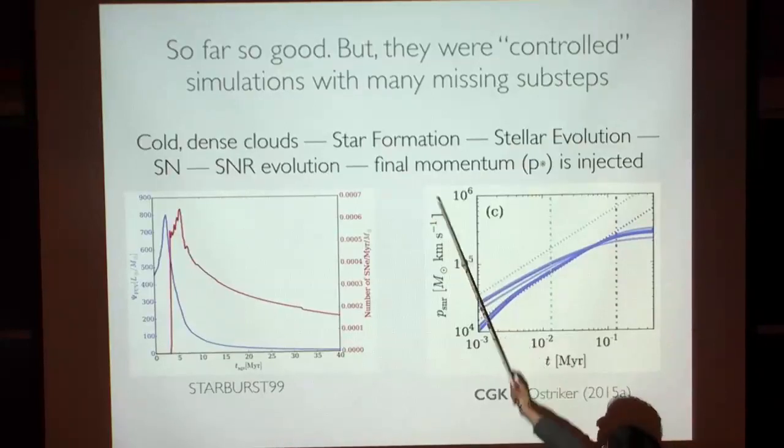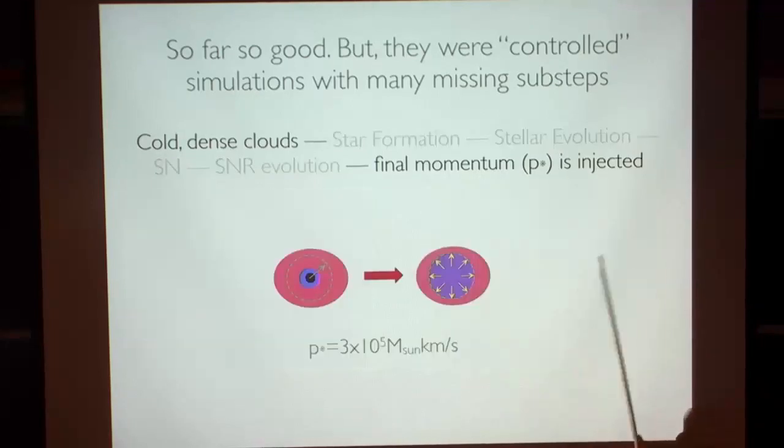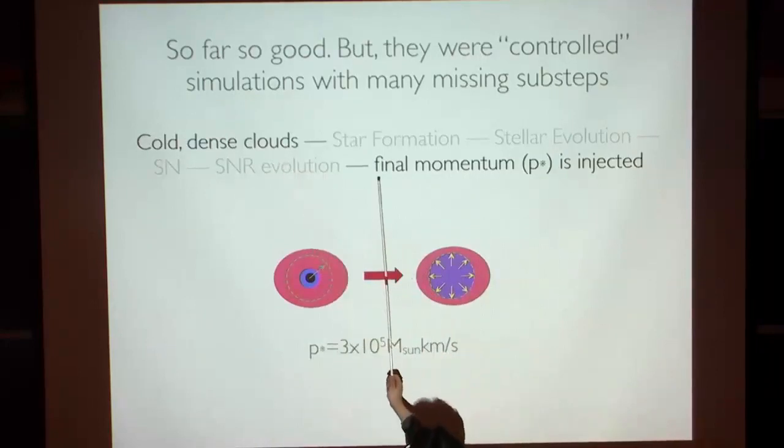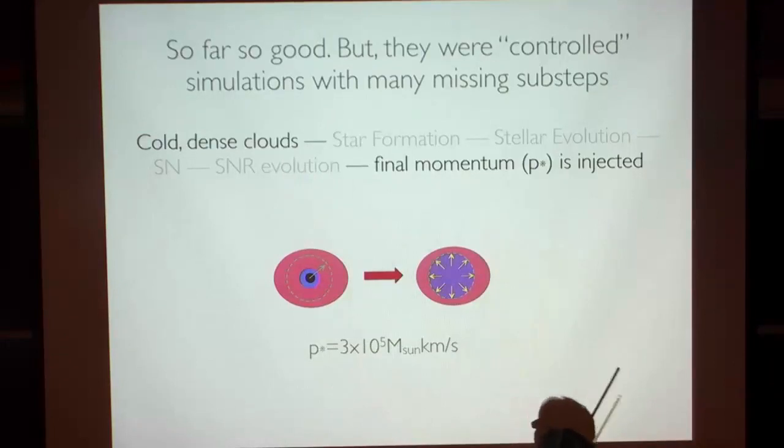Then the final momentum is injected from the supernova. In this controlled simulation, we didn't follow everything; we just form the supernovae from the dense cloud and simply inject the final momentum we expect from this evolution.